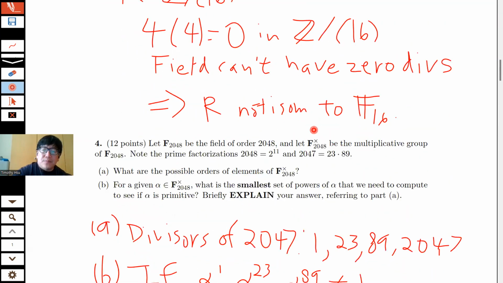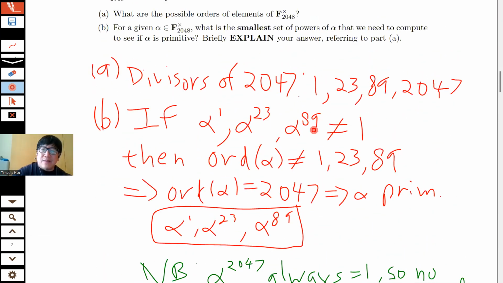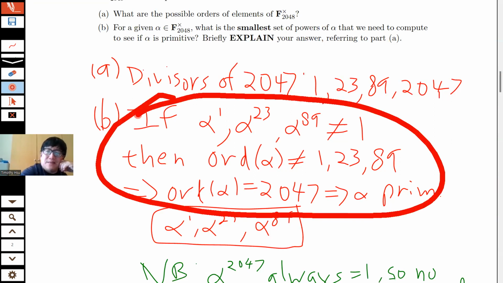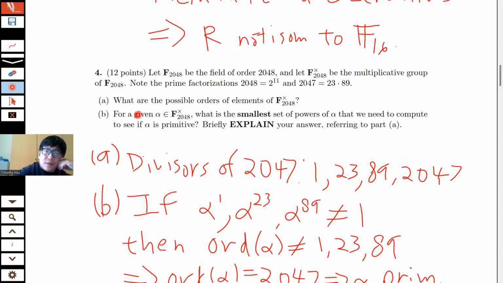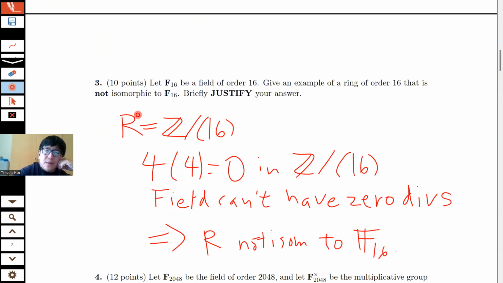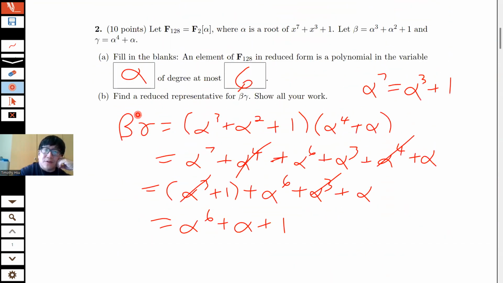So it's given that these are the possible orders of elements, and if it's not one of those orders, it's got to be one of the others. It's a very short proof, but this is actually a proof in its own way. Thanks. You're welcome. That was a very good question.